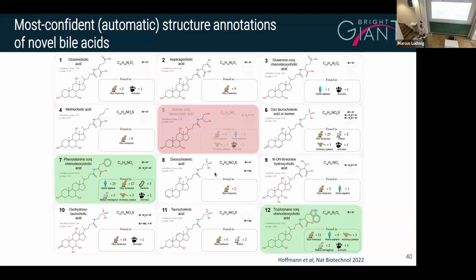So these are the top 12 annotations. For 3 of them, the colored ones, we could really try to look at them and see if these are the correct annotations, and 2 of them could be validated. One was likely wrong. But from all the setup, so generating the molecular structure database, running it through, that just takes some hours.